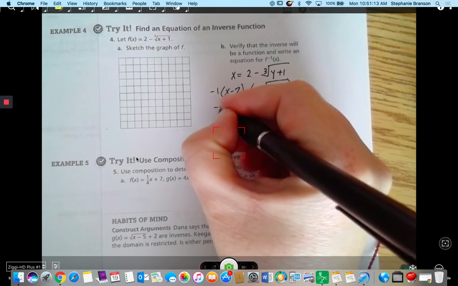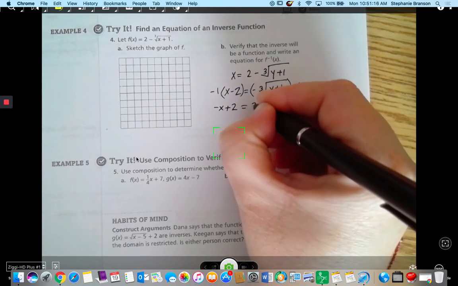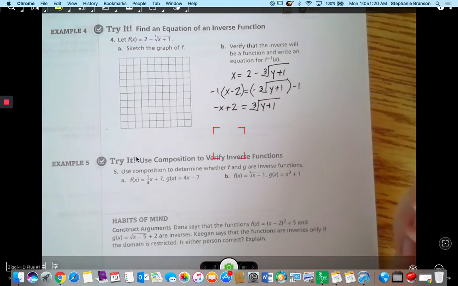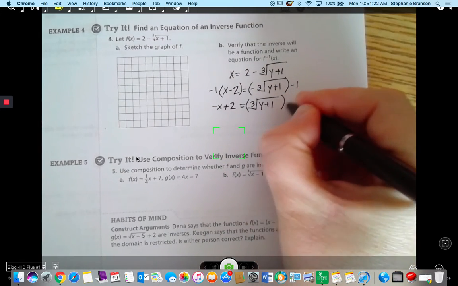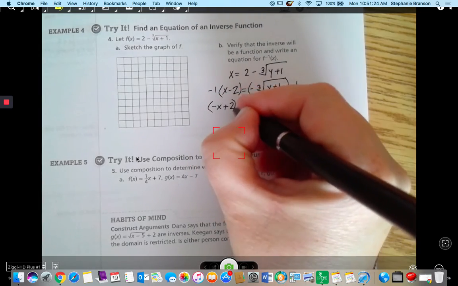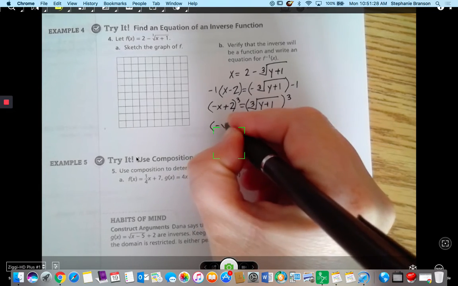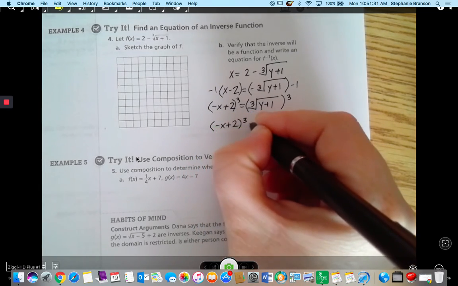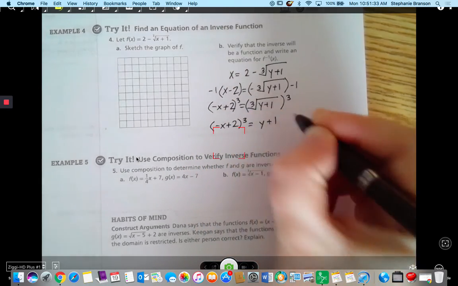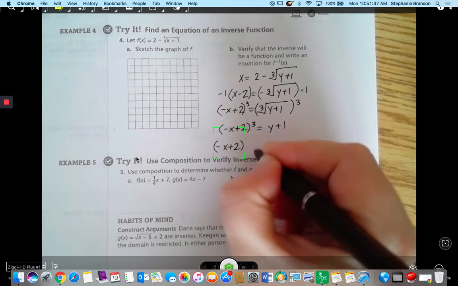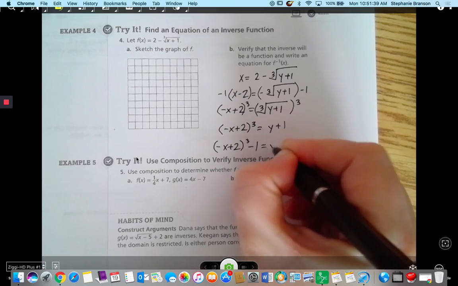So I've got negative x plus 2 is equal to the cube root of y plus 1. Cube both sides. I get negative x plus 2 cubed is equal to y plus 1. So negative x plus 2 cubed minus 1 is equal to y.